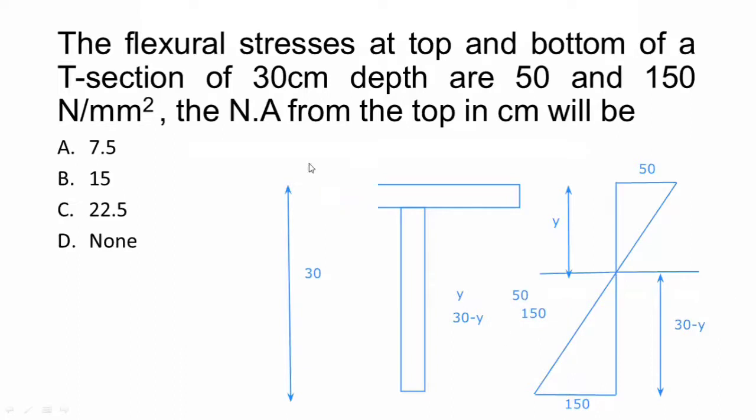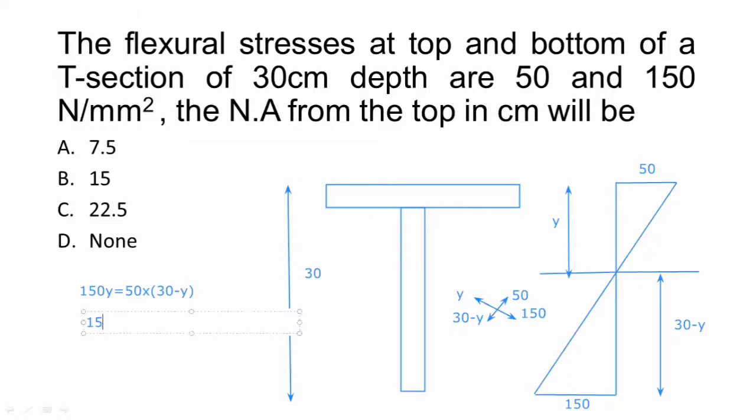So we just have to take the cross multiplication, something like this. 150 into y is equal to 50 into 30 minus y. I just have to find the y value from here. Let us calculate.